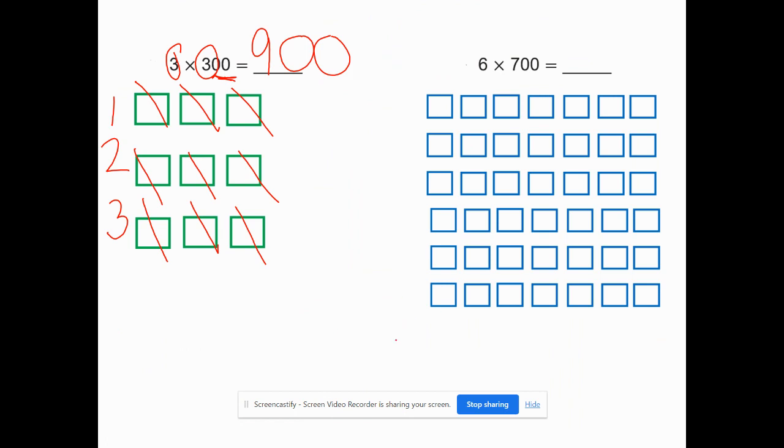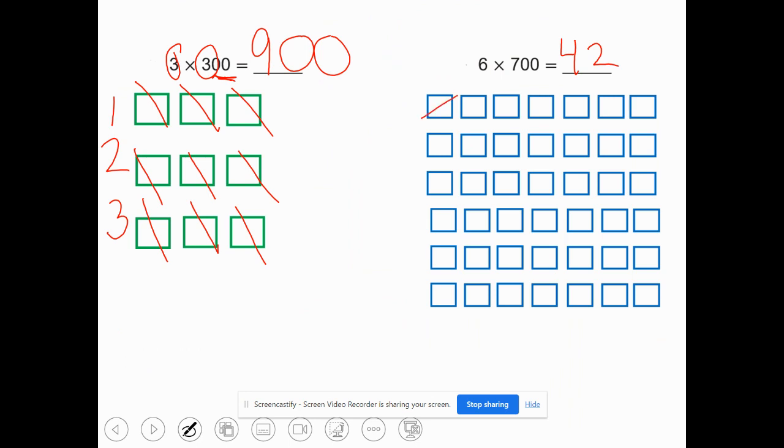All right, let's try this again. If I do 6 times 7, what's 6 times 7? If you know your multiplication facts, this will make it super easy. 6 times 7 is going to give me 42. If I count my blocks, let's count together.